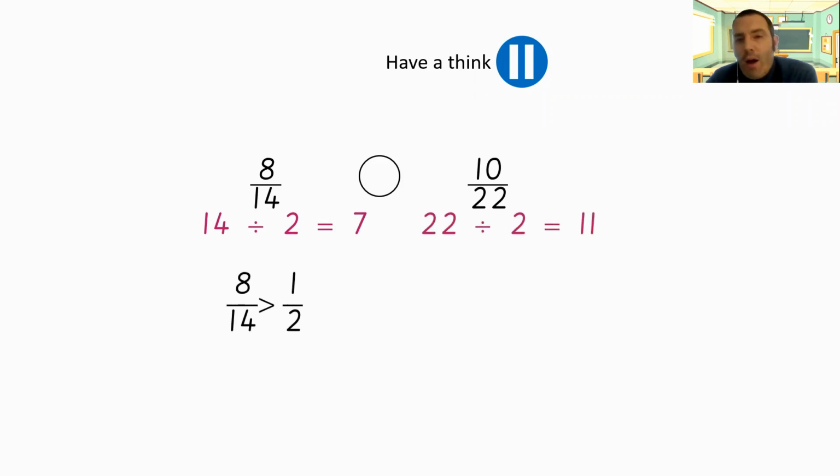I know half of 22 is 11, and I know that 10 is less than 11. So I can say without having to draw anything out, do lots of complicated multiplication, or work out how to make 14 and 22 equivalent to each other. I can do it just by dividing by 2. So 8/14 is greater than 10/22.